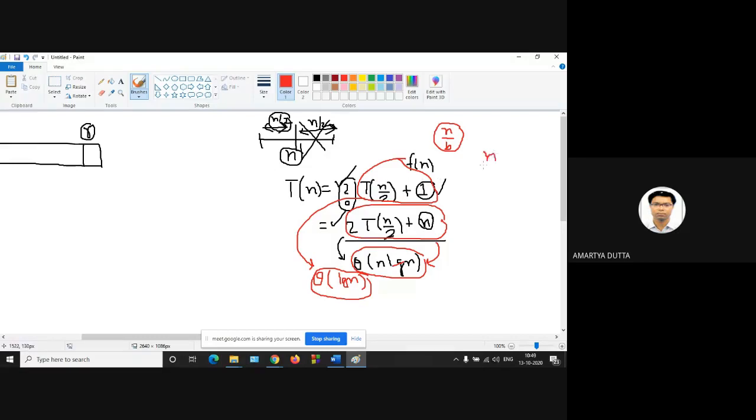That's why the problem size is n/2. But in general, the problem size is n/b if there are b number of divisions.